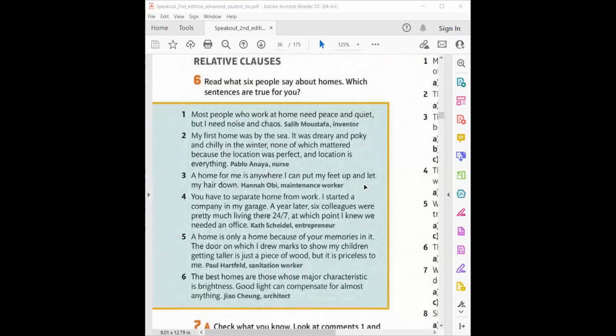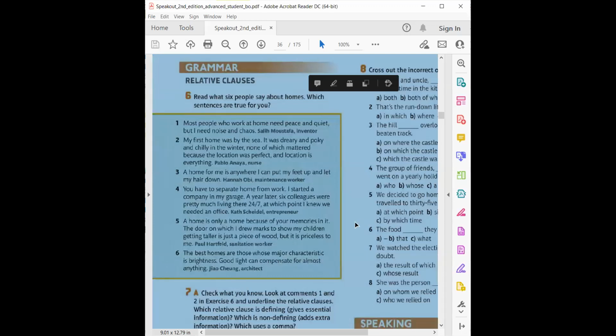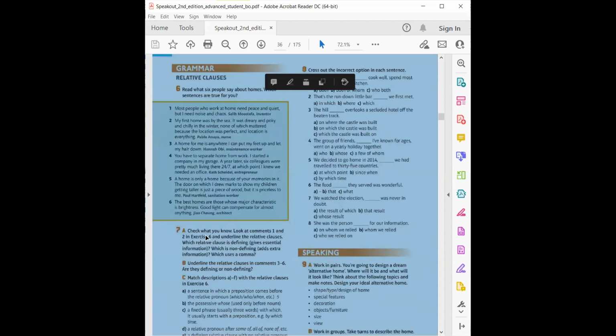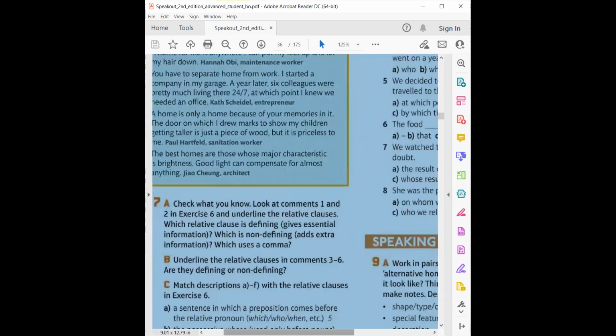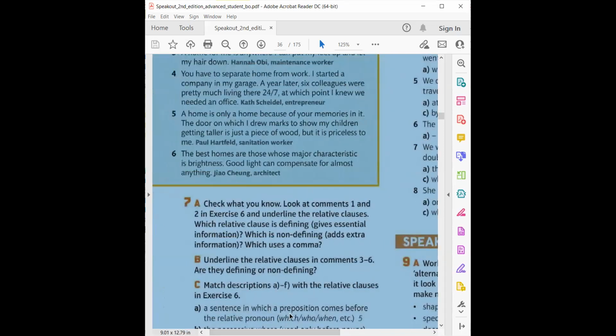Okay. Let's have a look at what they want from us down there. They're telling us, check what you know. Look at the comments 1, 2 in exercise 6 and underline relative clauses.